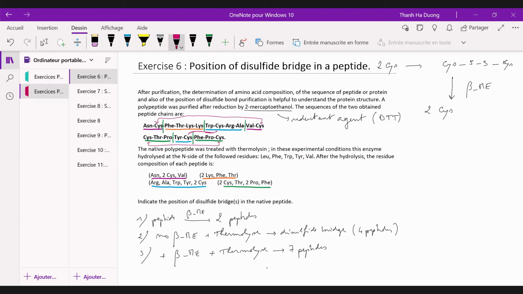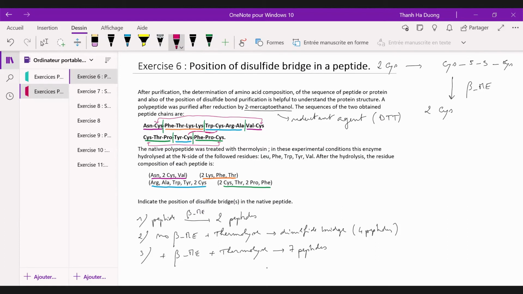Imagine we did the same experiment, the third experiment, in the presence of mercaptoethanol and in the presence of thermolysin. Because I would be in the presence of mercaptoethanol, I obtain these 2 peptides, which can be cleaved by the thermolysin. This is my green line.